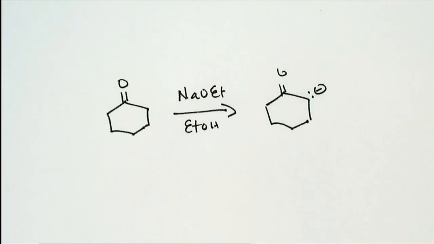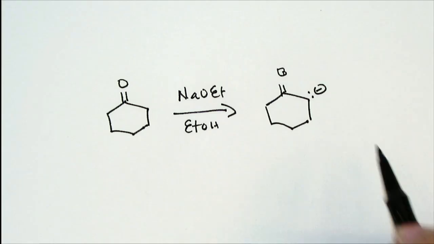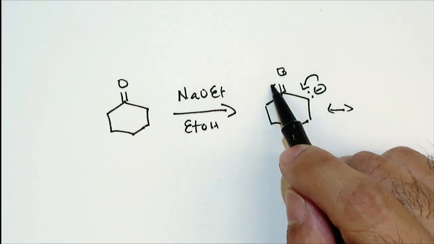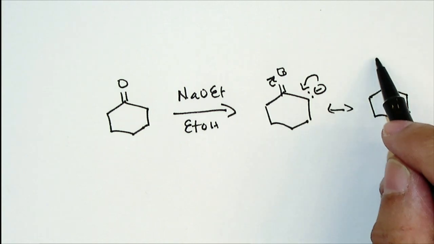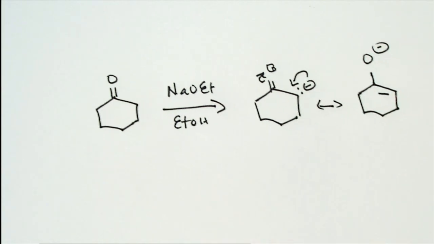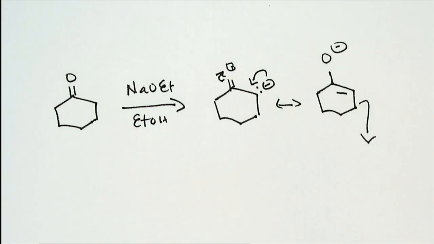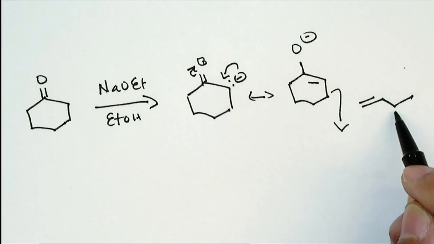I'm showing it this way. I could show the enolate version, which is what we normally do. In fact, let me do it just to remind you that, of course, this can have its enolate version, which is that.